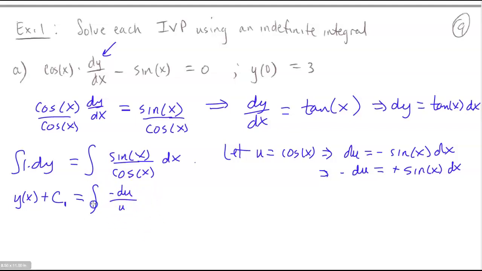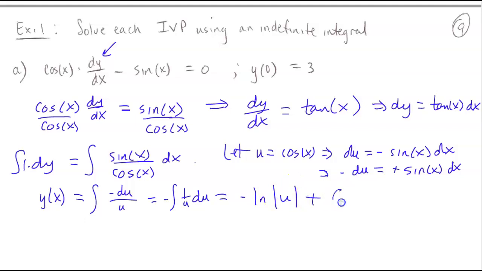Whenever I finish integrating this, I know it will give me another constant as well. Since I'll have a constant on both sides, I could make my life easy and allow that to be just one constant all on the right side, okay? So this basically ends up being negative 1 over u du, which is minus natural log of the absolute value of u plus, let's say, that constant c.